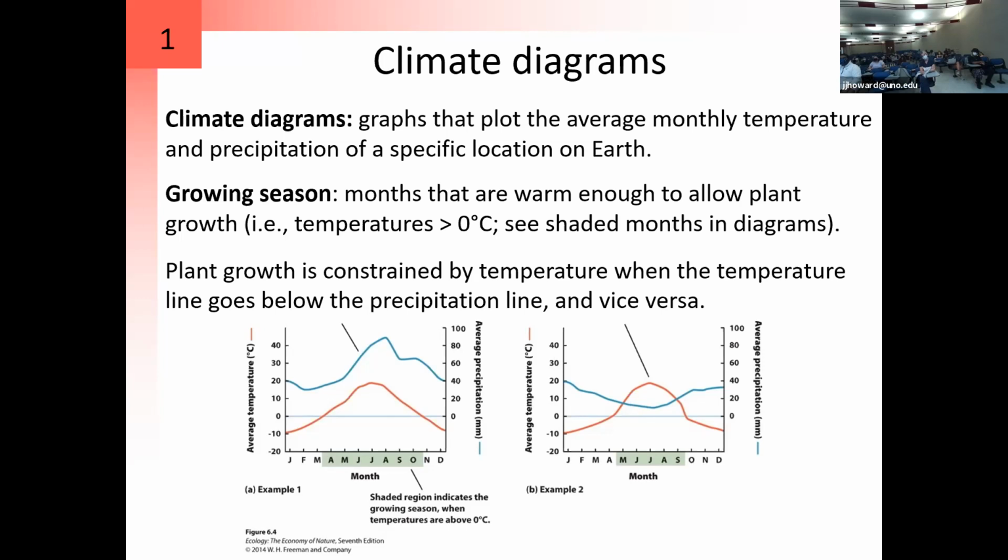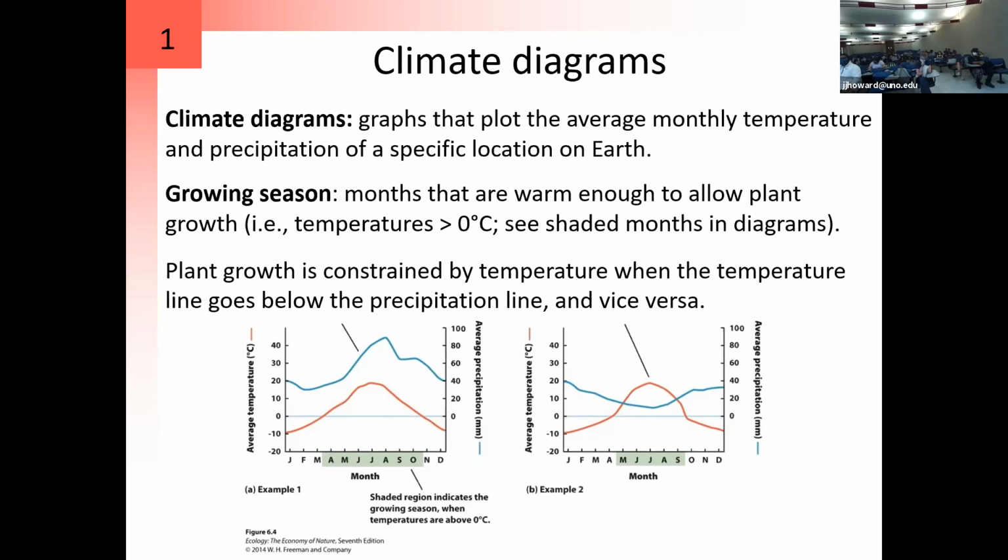So if you have a biome that has a mean July temperature of 10 degrees centigrade, the plants that live in that biome must have access to at least 20 millimeters of precipitation in order not to wilt and die.